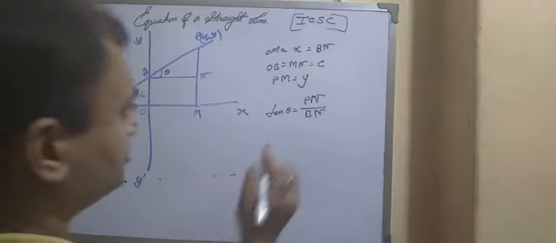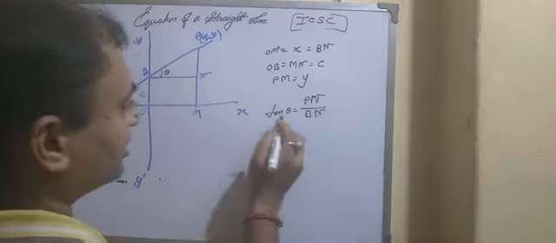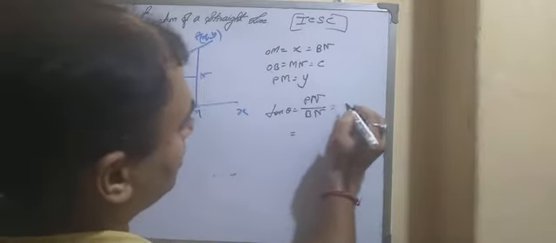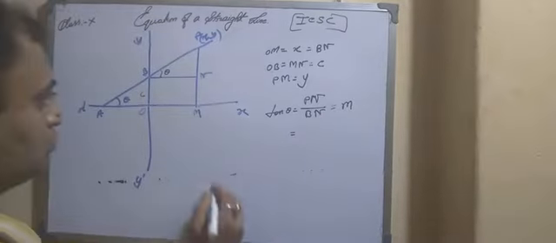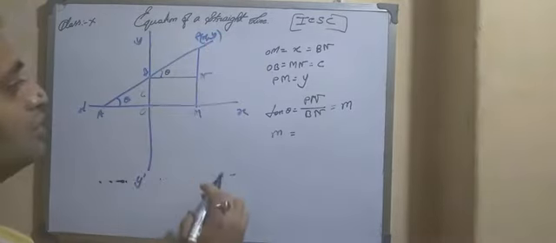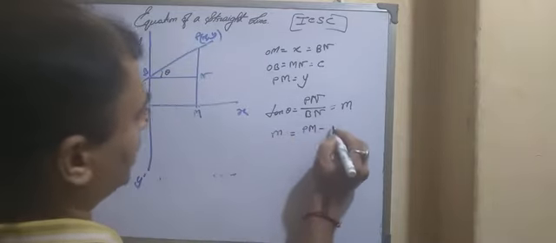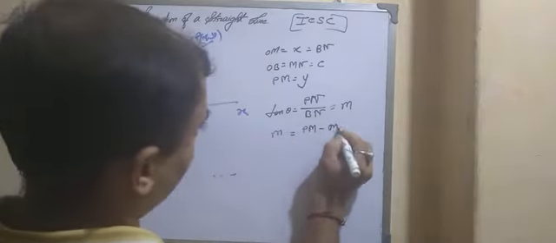Now we denote tan theta by m, so m equals PN, and PN means PM minus MN.